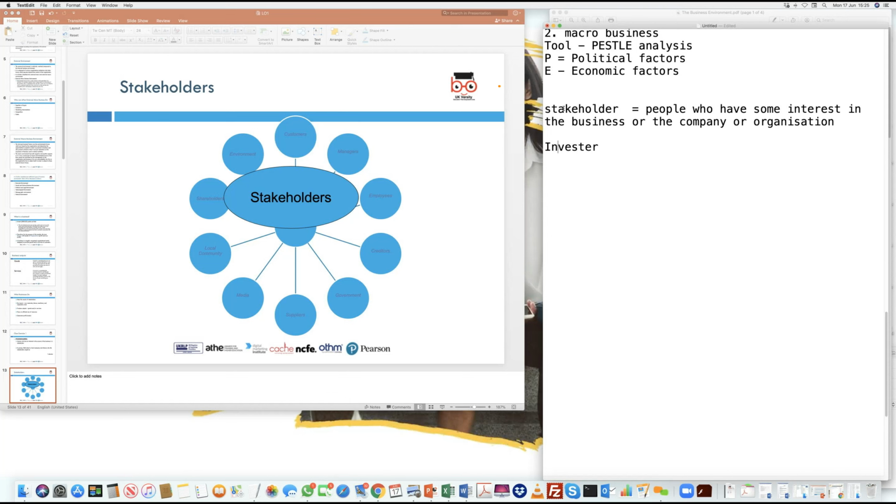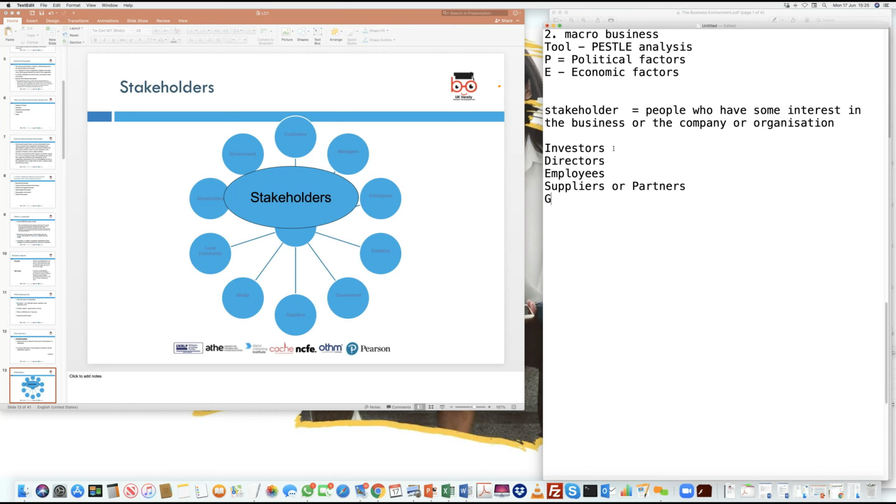So what could the stakeholders be? Investors, somebody who invests in the company. Directors of the company are stakeholders. Employees are stakeholders. Suppliers or partners are stakeholders.